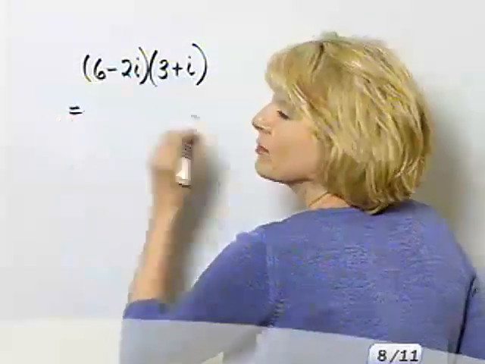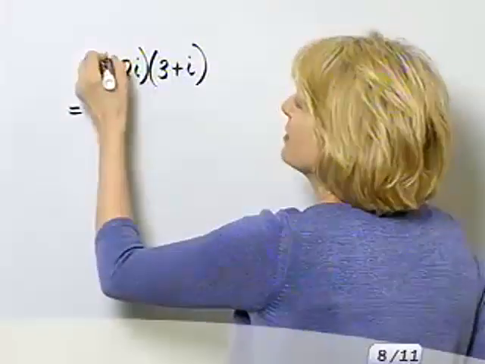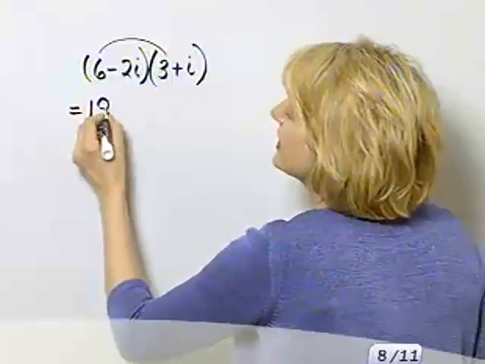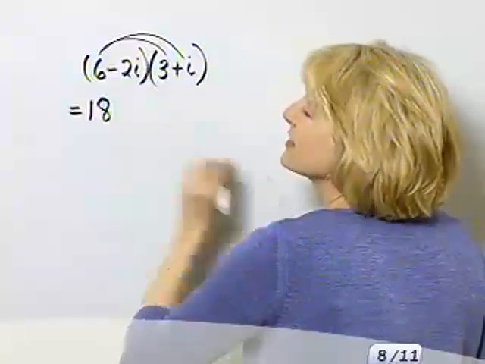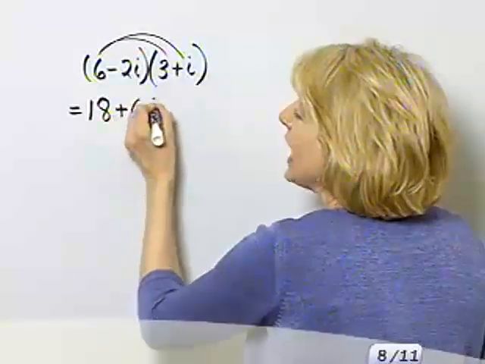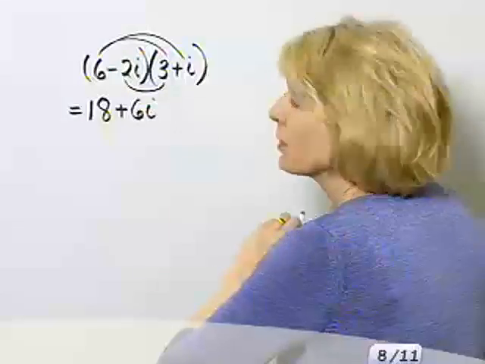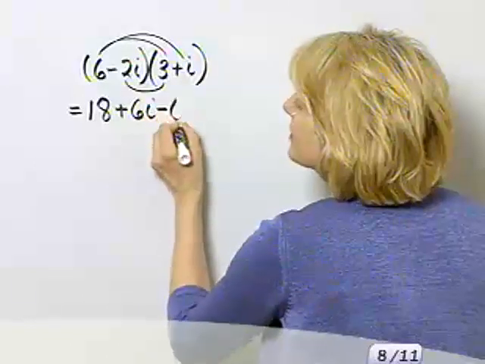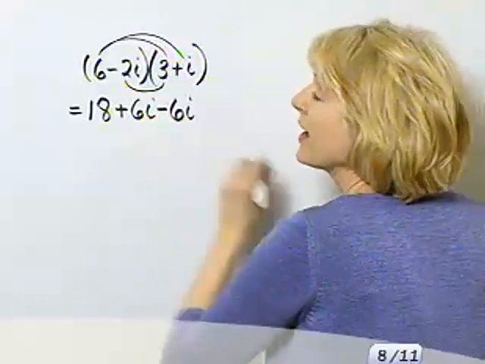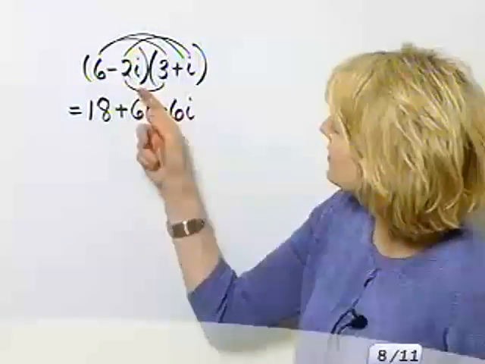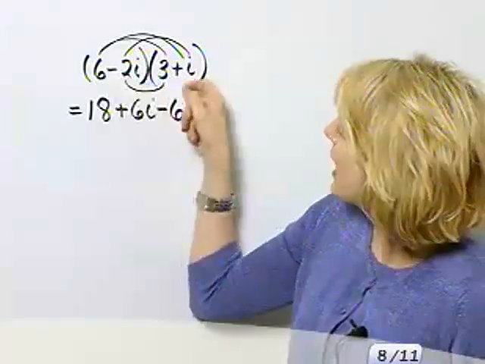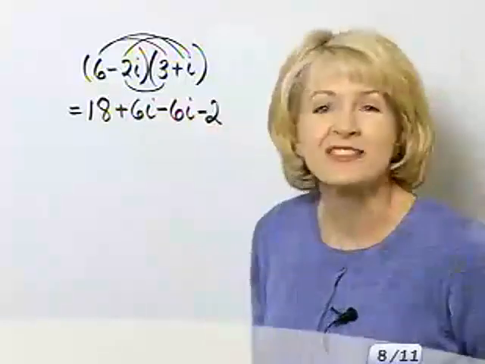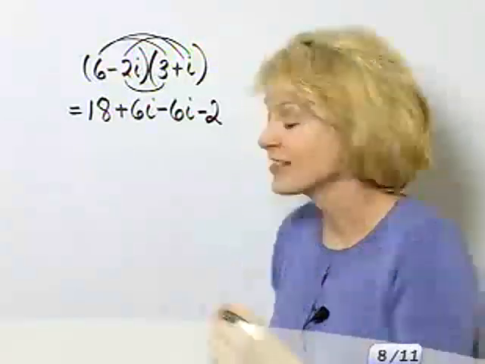And we are, by the way though, multiplying complex numbers. First times first, 6 times 3 is 18. Just be careful. 6 times i, that's 6i. Then the inner product, negative 2i times 3, that's negative 6i. And then last times last, negative 2i times i, now that's negative 2. And then what's i times i? It's i squared.